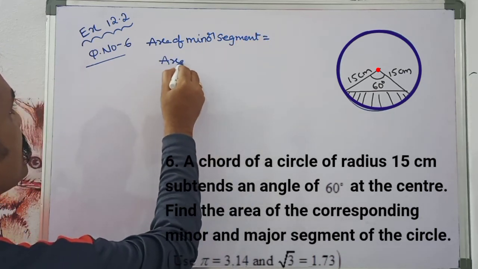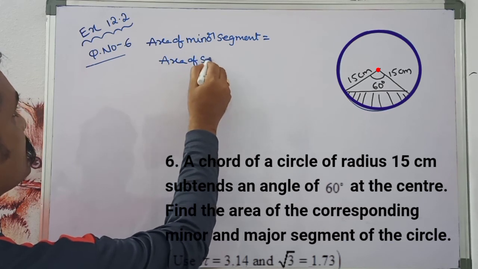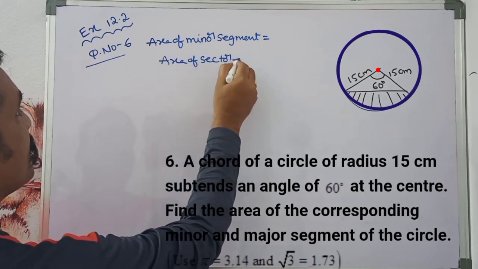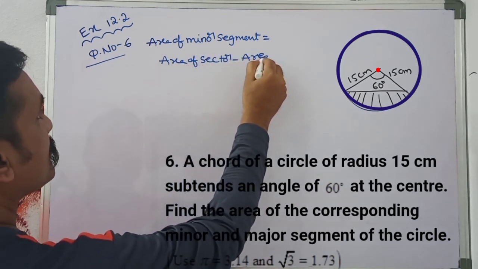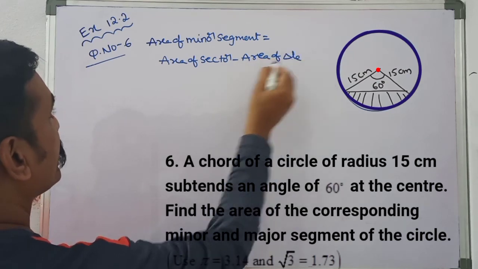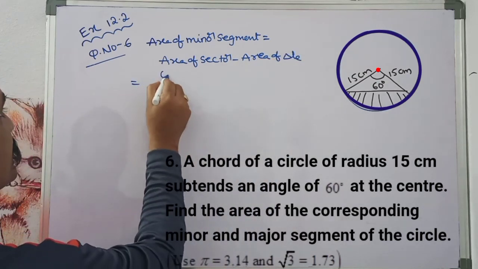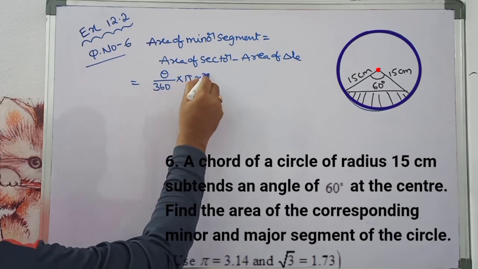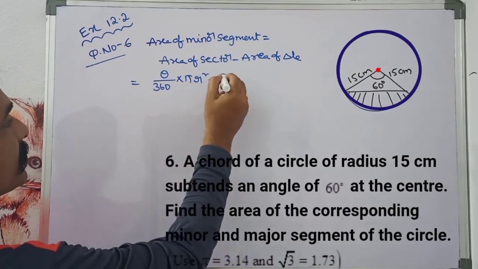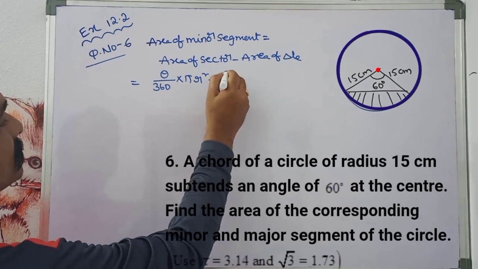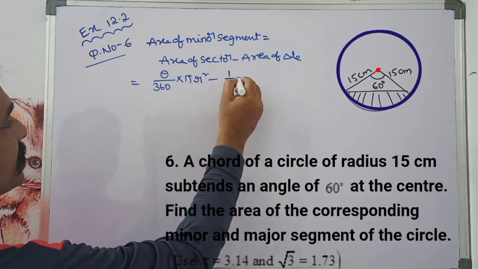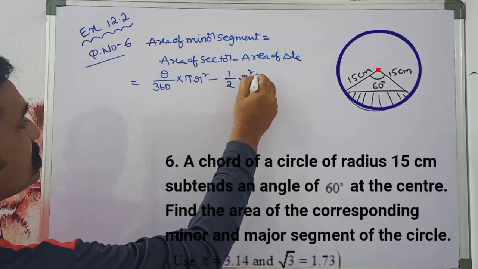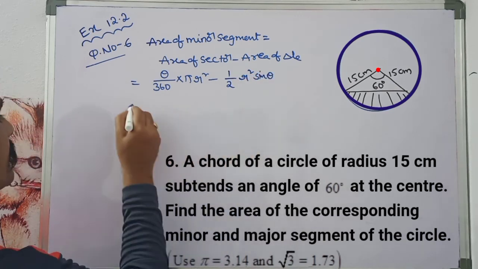area of sector minus area of triangle. The area of sector is theta by 360 into pi r square, minus the area of triangle. The area of triangle formula I said here is half r square sine theta.